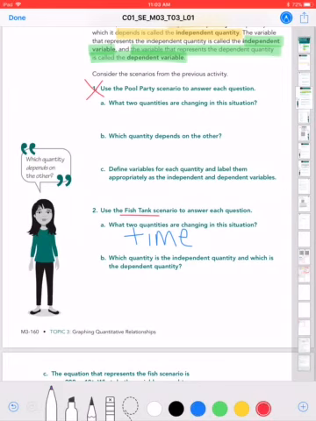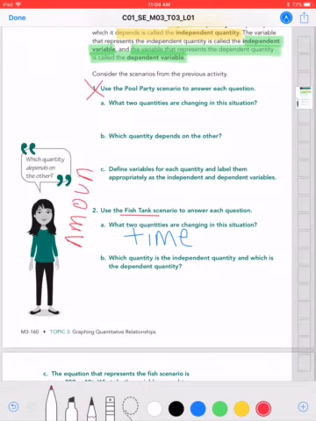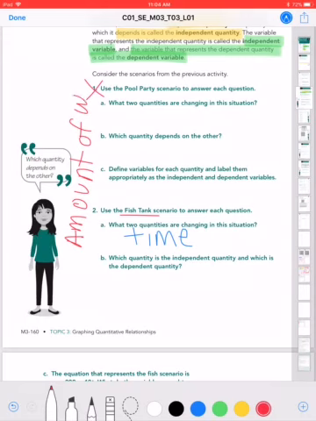I'm going to write that off to the side. Okay, so those are our two quantities that are changing.